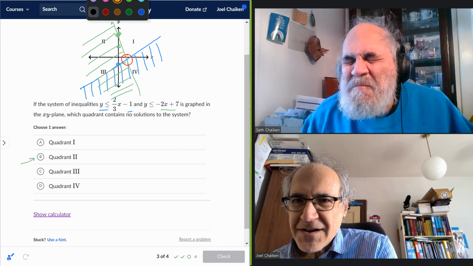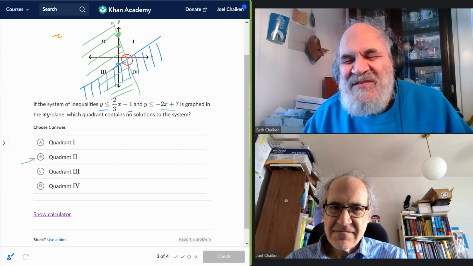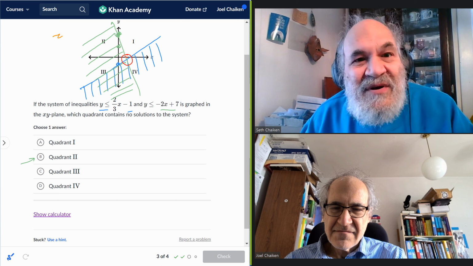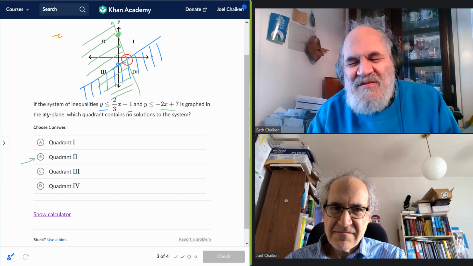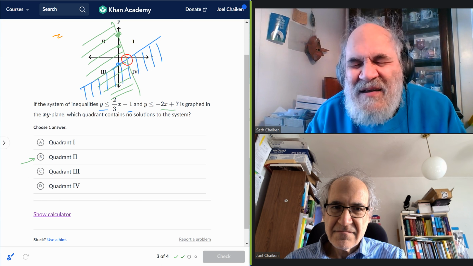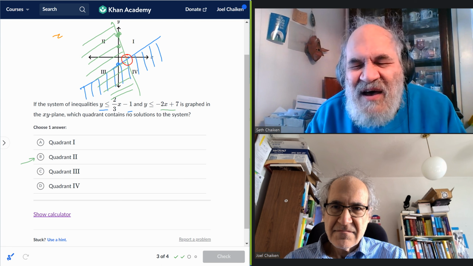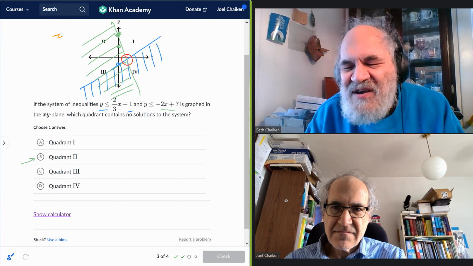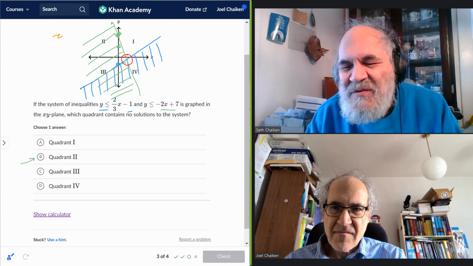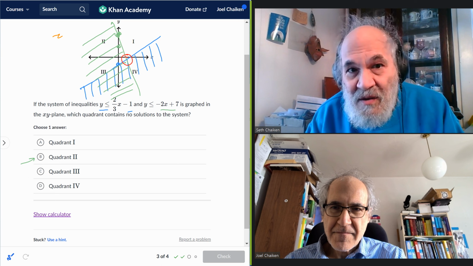So I bet that if you now calculate the two intersection points and determine whether the intersection of the blue line and the green line is above the x-axis, you'll find that it is either right on the x-axis. No, it's not on the x-axis, because if the intersection point were on the x-axis, there would be a single point solution in the closed region 1.